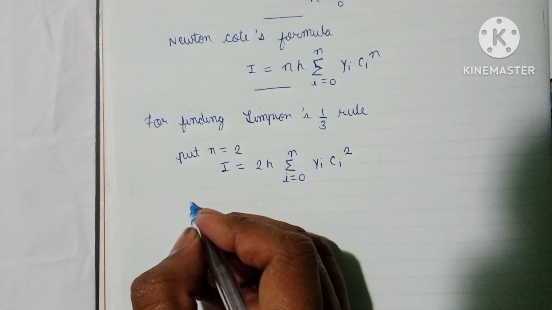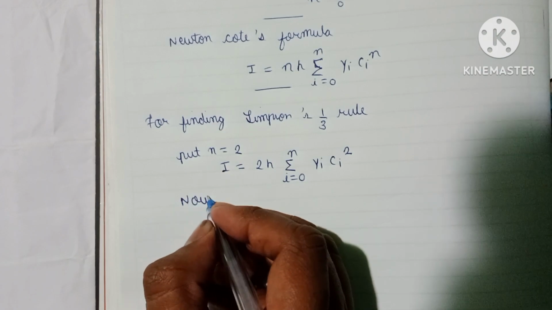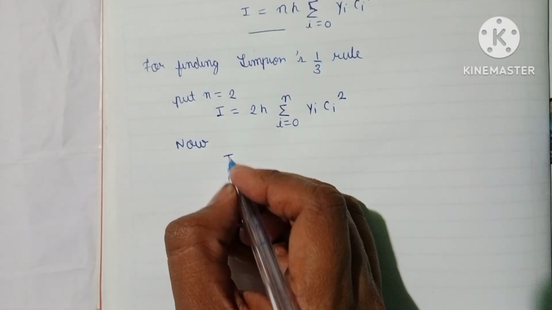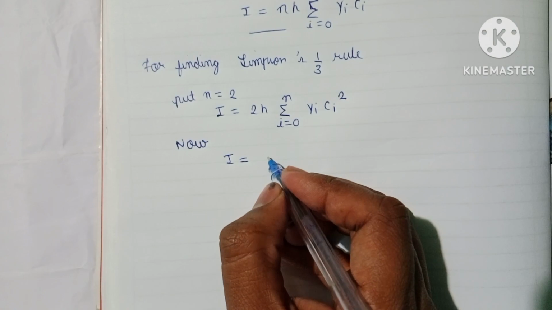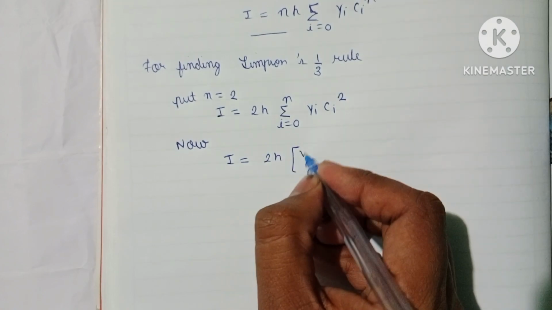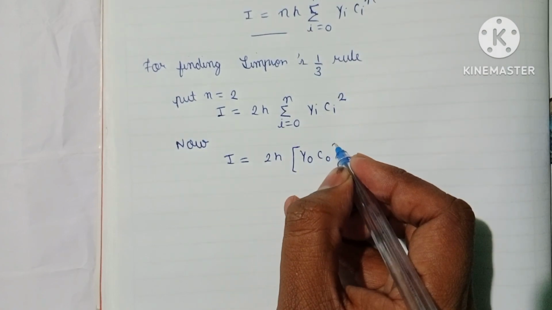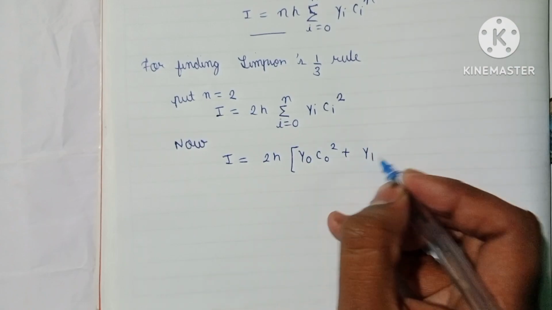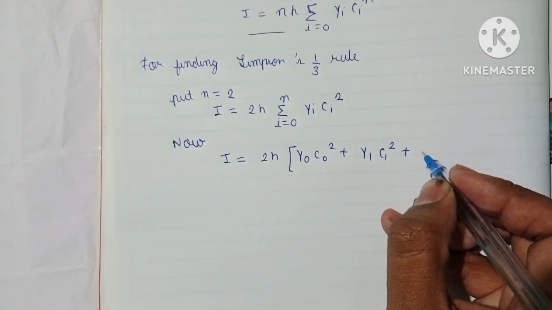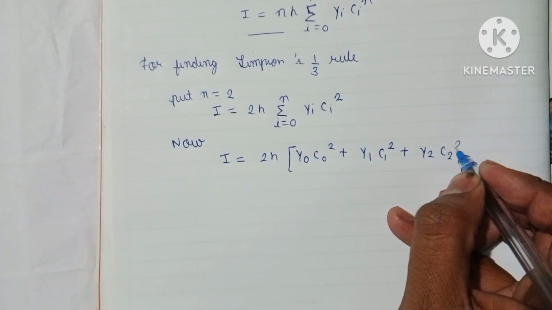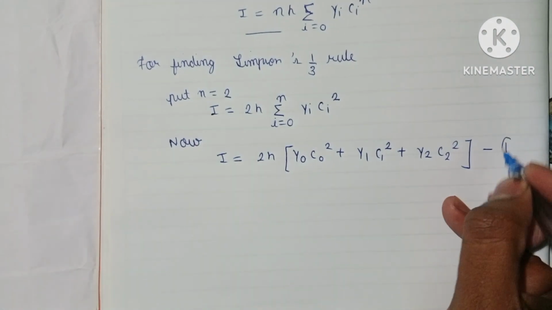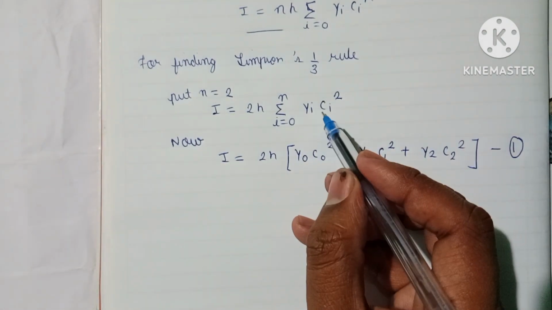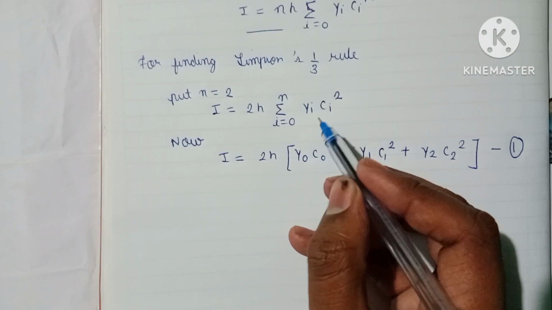Now I equal to 2h [y0 C0^2 plus y1 C1^2 plus y2 C2^2]. Make it equation number 1.